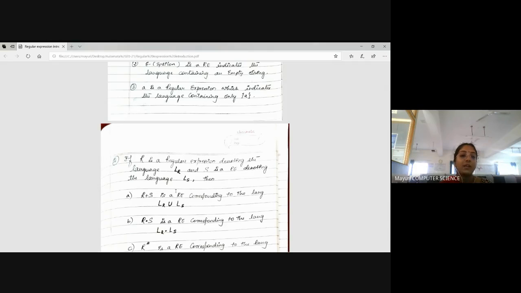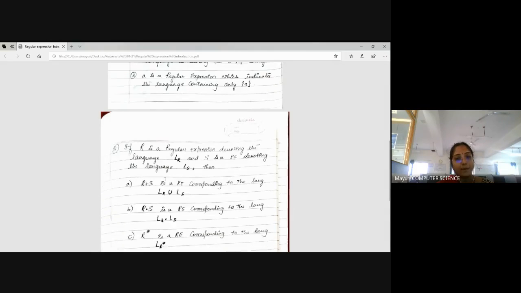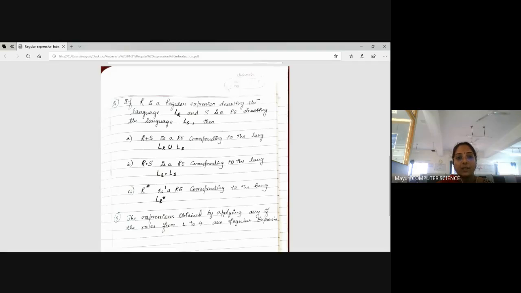So that is what I'm trying to say in my rule 4. If R is a regular expression denoting the language LR, and S is a regular expression denoting the language LS. I have taken two different languages here, LR and LS. LR has the regular expression R. LS is a language which possesses the regular expression S. Already I told you, we will be using regular expressions to describe the languages.